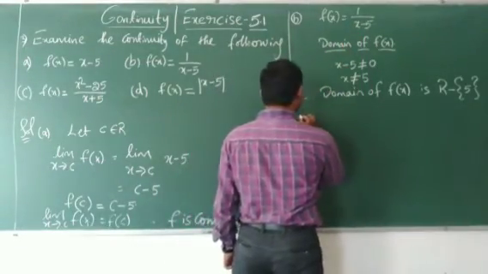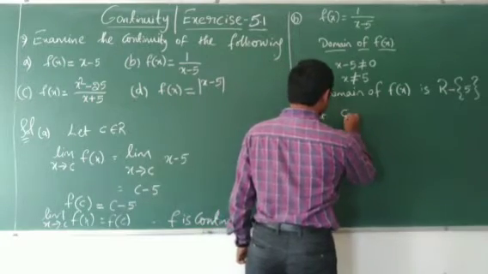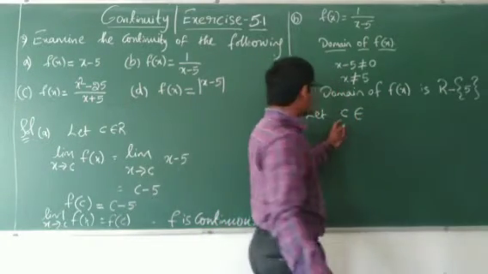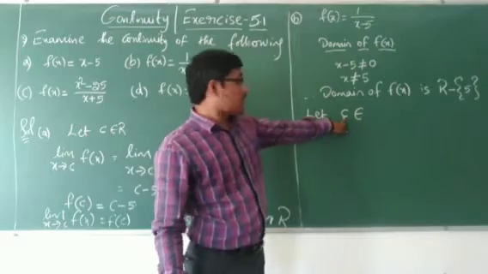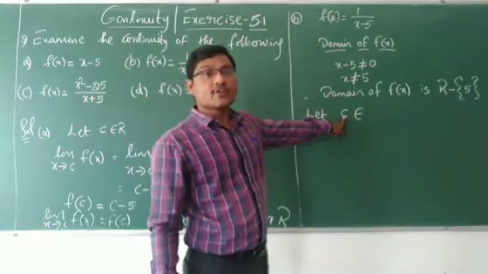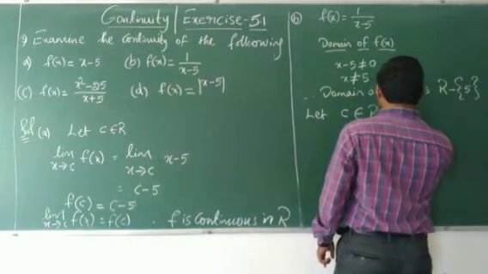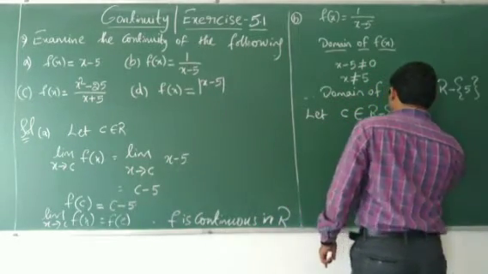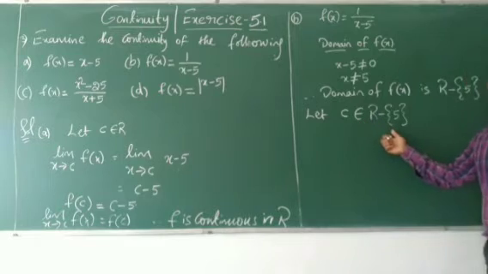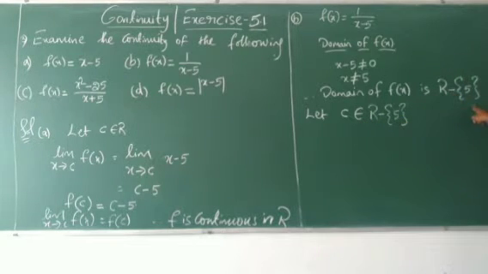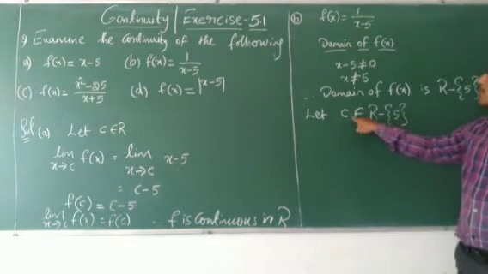Now you need to take a point C. From where you have to take? You have to take a point C which belongs to the domain. What is the domain here? R minus {5}. So you take one point from it.